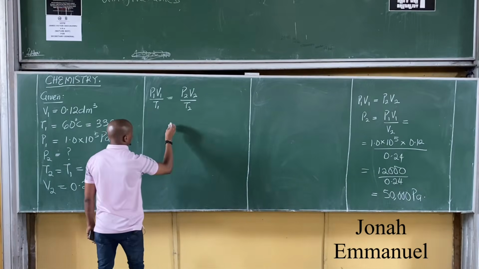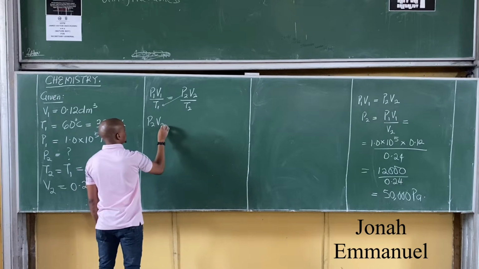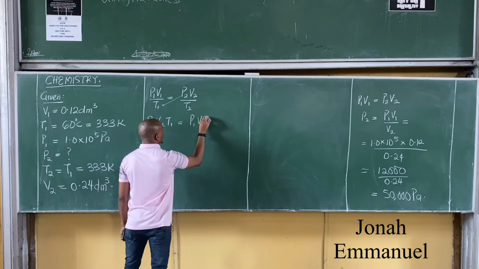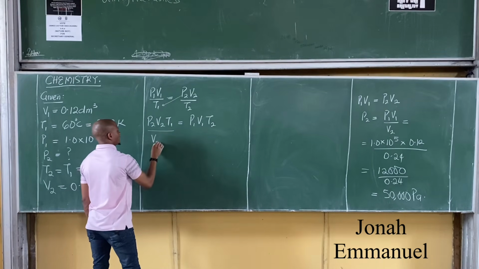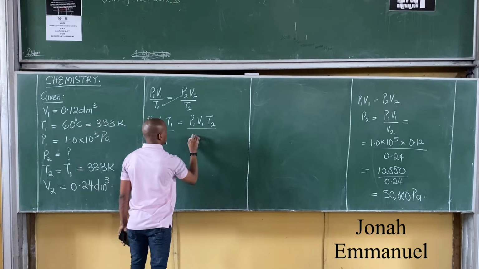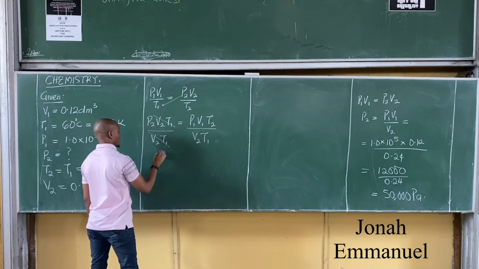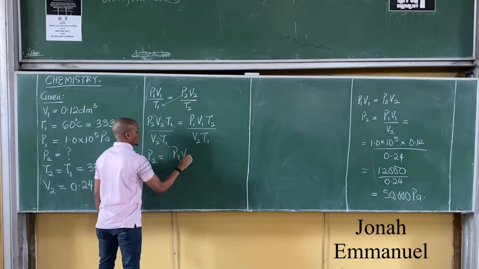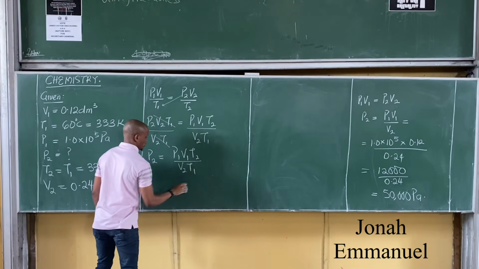Let's use the general gas equation. Put in this value there. From here, this times this, V2 T1, is equal to this times this, P1 V1 T2. What's P2 here? Divided by V2 T1 all over V2 T1, this cancels this. So P2 is equal to P1 V1 T2 all over V2 T1.